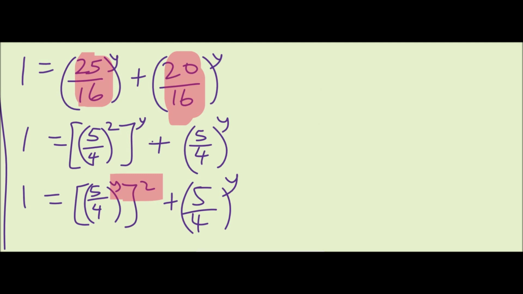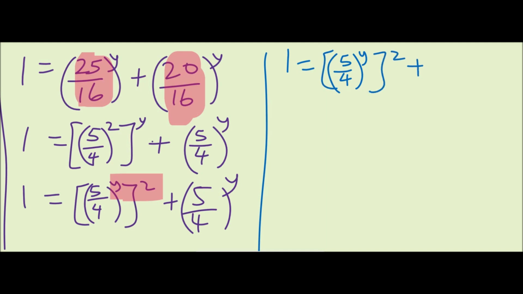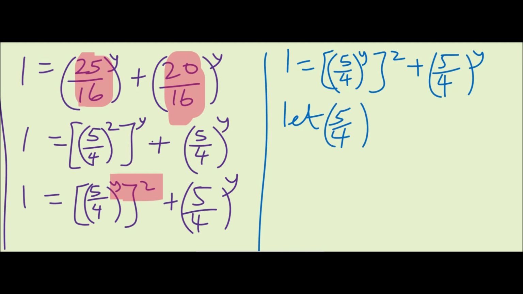Now, moving on, I have 1 equals 5 over 4 to the power of y everything squared plus 5 over 4 to the power of y, which implies that I'm going to represent 5 over 4 to the power of y with an alphabet. Let me just use alphabet k.